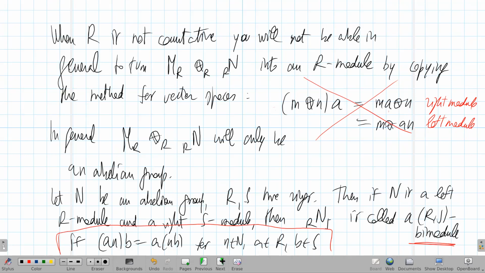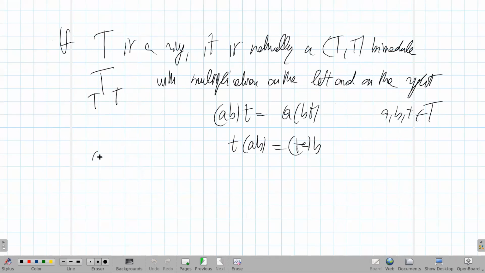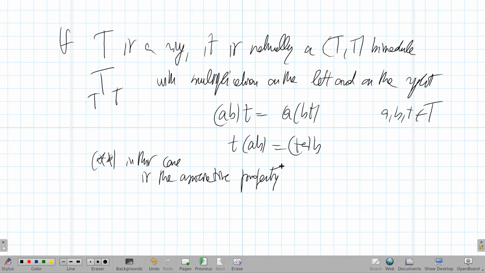And of course, in this particular case, this identity, which I'll call star star, because I think I already have a star from a previous formula, is simply the associative property, because you have (AT)B equals A(TB), and this is the associative property because all elements are in the same ring.